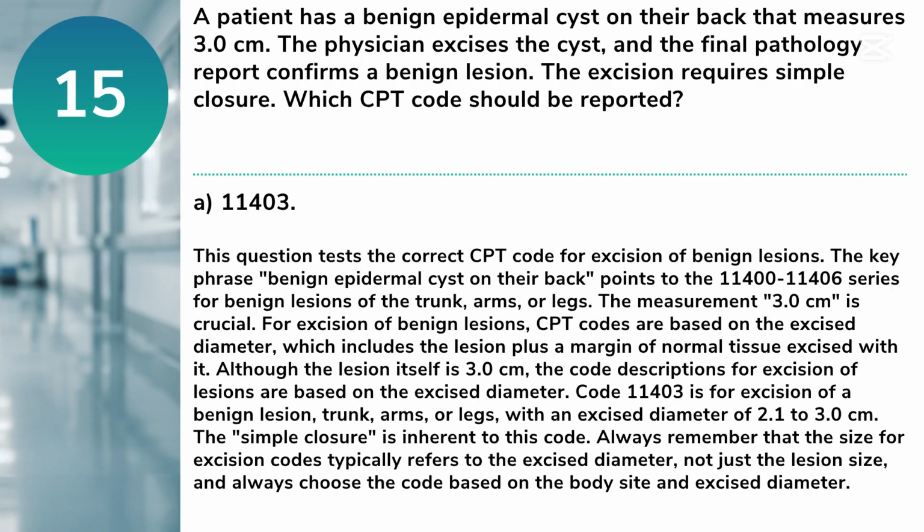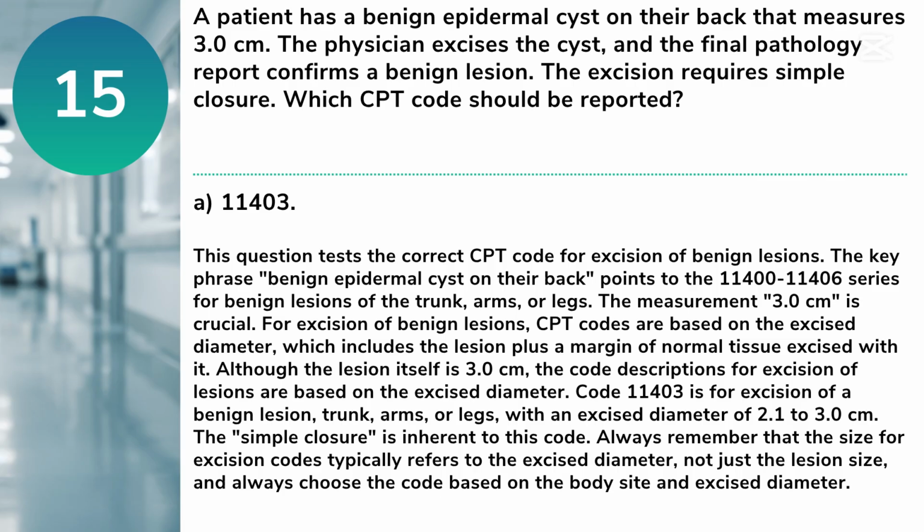Answer A. 11403. This question tests the correct CPT code for excision of benign lesions. The key phrase, benign epidermal cyst on their back, points to the 11400 to 11406 series for benign lesions of the trunk, arms, or legs. The measurement, 3.0 centimeters, is crucial. For excision of benign lesions, CPT codes are based on the excised diameter, which includes the lesion plus a margin of normal tissue excised with it.